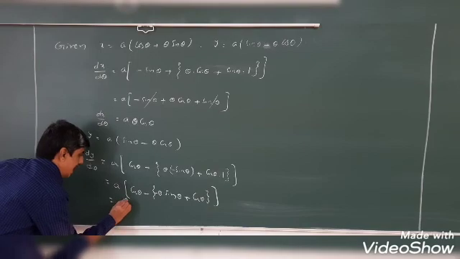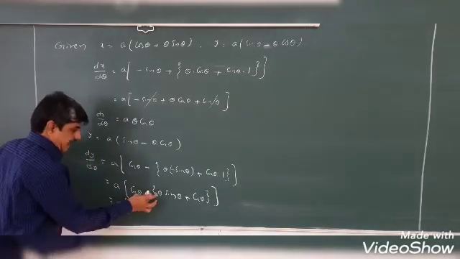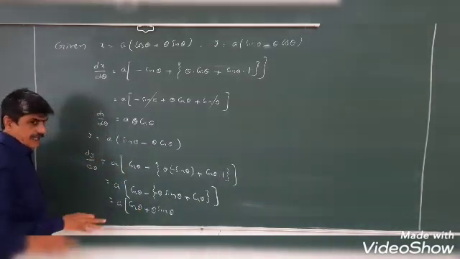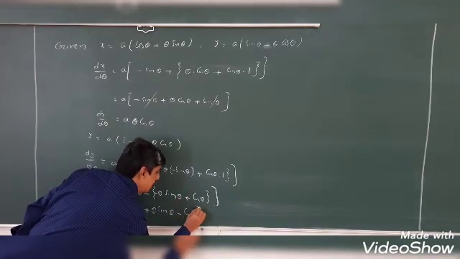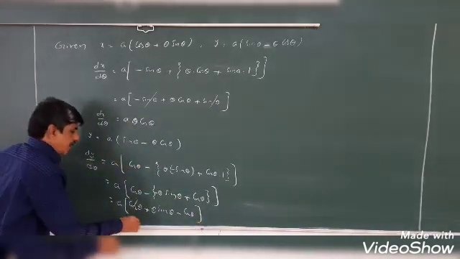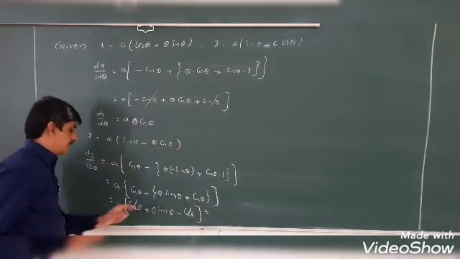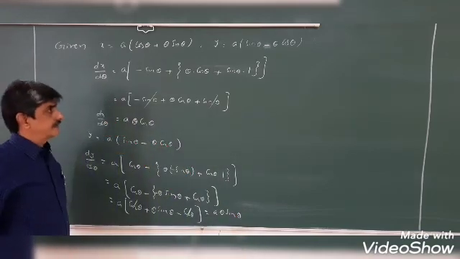So this is a into cos theta minus of minus, plus theta sin theta, minus into plus, minus cos theta. So here plus cos theta minus cos theta gets cancelled. Then this value is a theta sin theta.